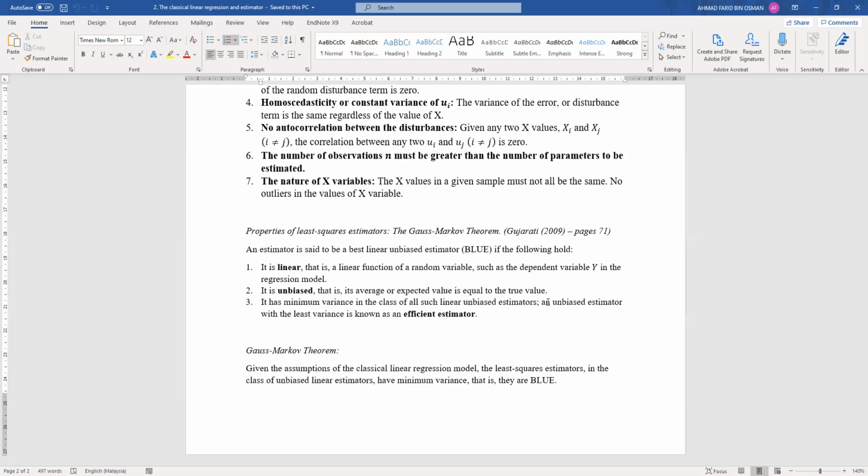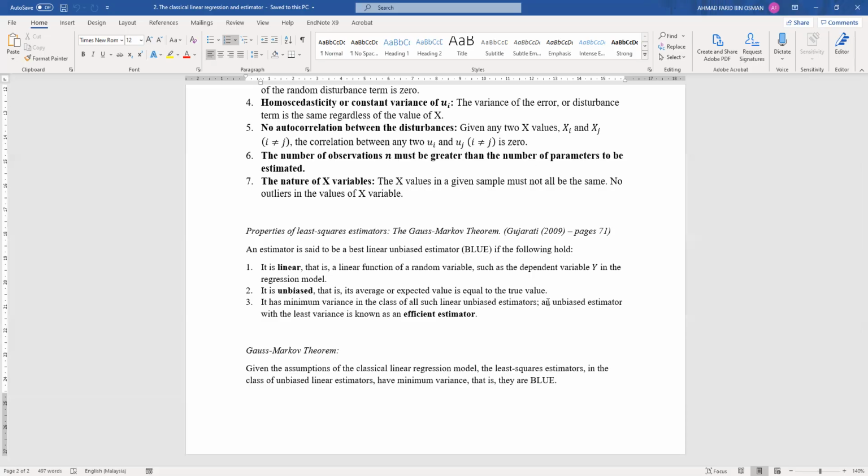So the Gauss-Markov theorem says that, given the assumptions of the classical linear regression model, the least squares estimators in the class of unbiased linear estimators have minimum variance, that is, they are best linear unbiased estimators, or BLUE.